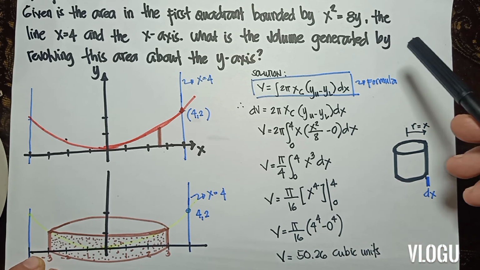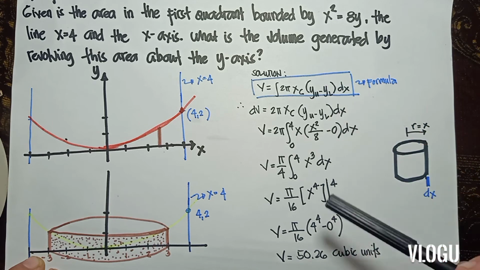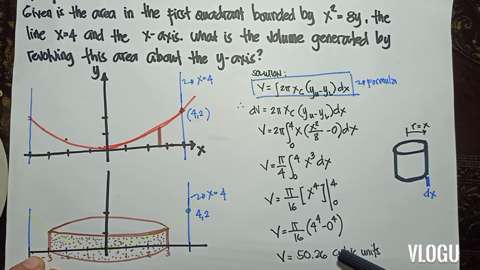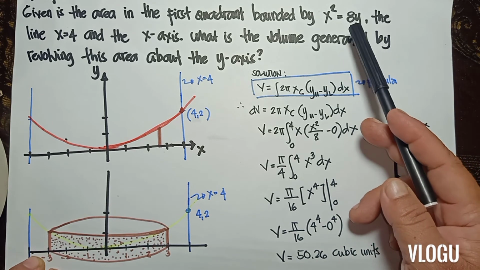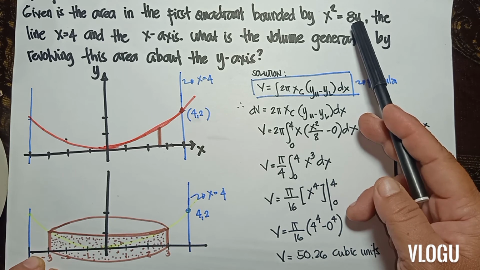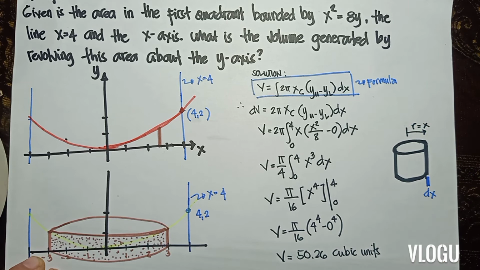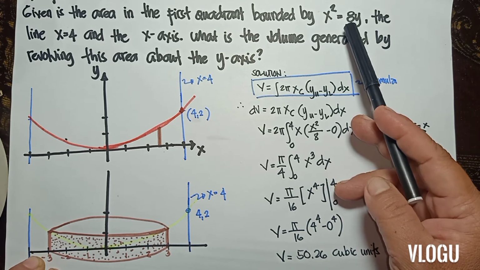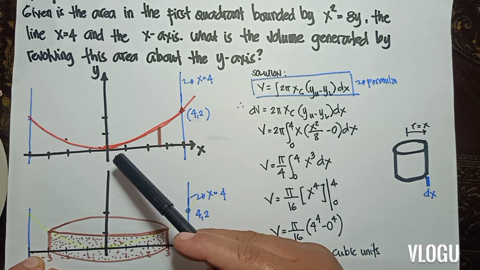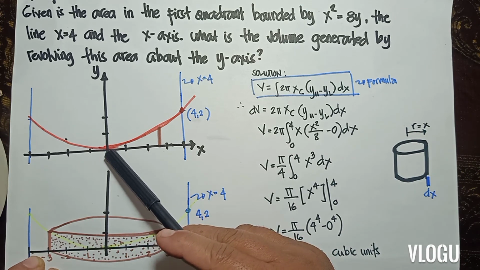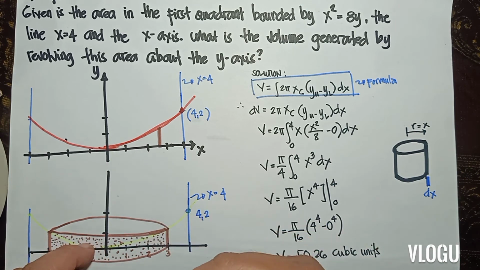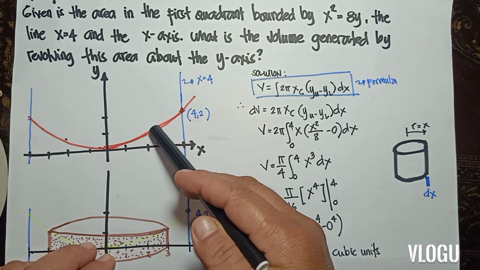Because x has an exponent, and we have positive at the right side, so therefore that is facing up. If this is negative, that is facing downward. Okay, there is now a parabola at the origin, 0, 0. So therefore, we have our parabola going up.